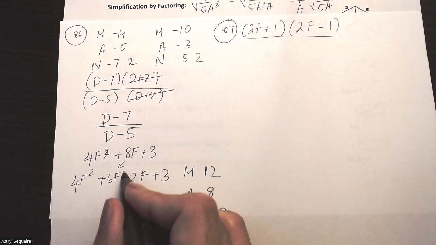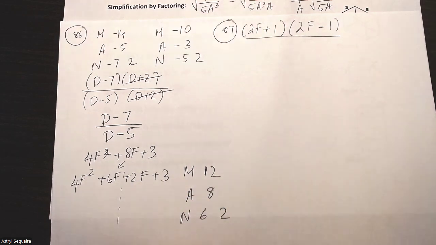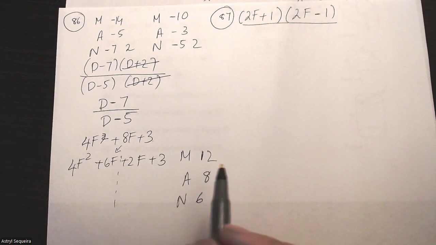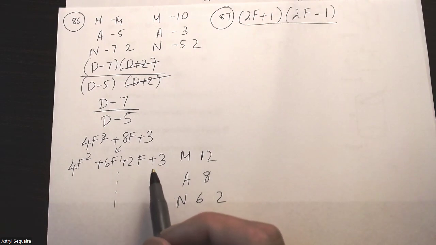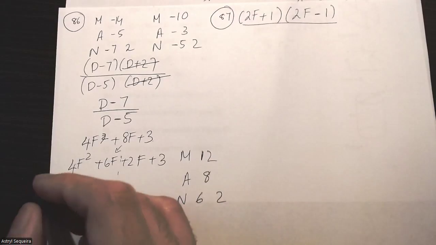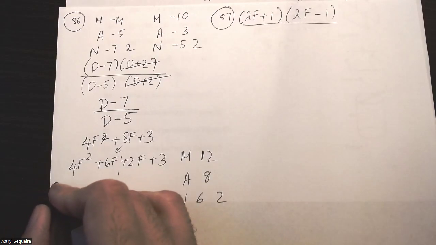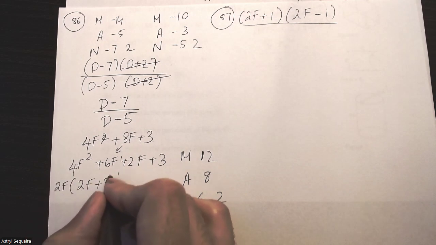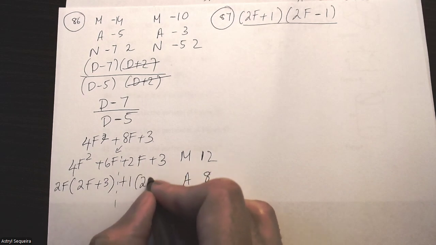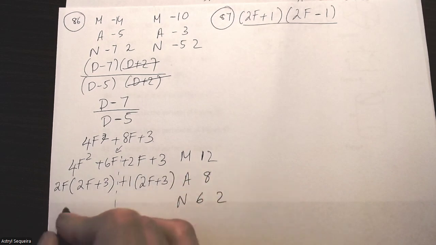And now I have to factor this by grouping. Again, I have a lot of videos of this on my channel. Just search up factoring grade 10 math on my channel. You'll see a lot of videos of this if you need extra practice. So my common factor here is 2f, 2f plus 3. My common factor here is 1, 2f plus 3.